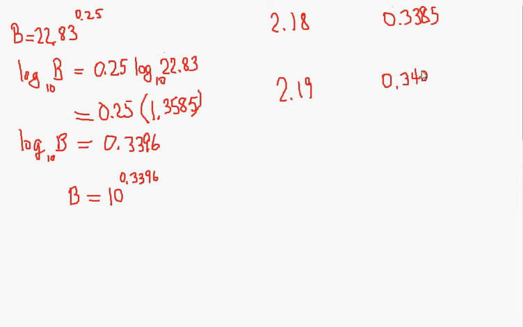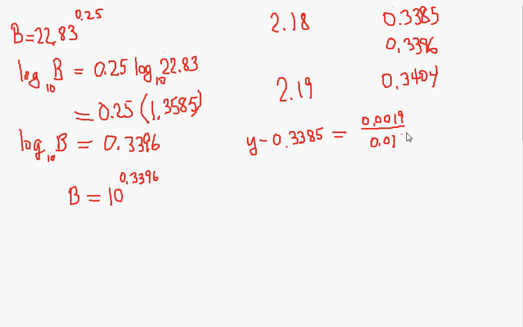And what I want is 0.3396. And so the question is, what is the x that goes with it? Clearly it's 2.18 something. So let's figure out the line between here, y minus 0.3385 is equal to the slope. The slope is 0.3404 minus 0.3385, which is 0.0019, divided by 0.001.